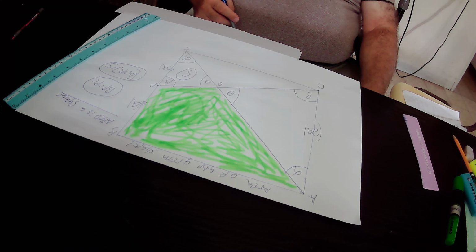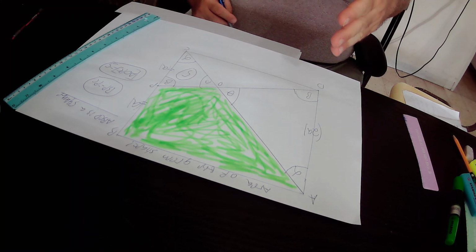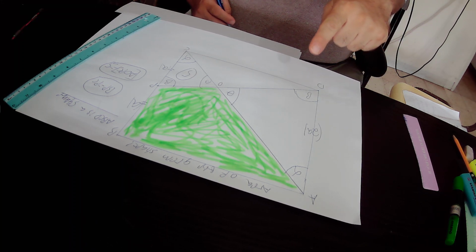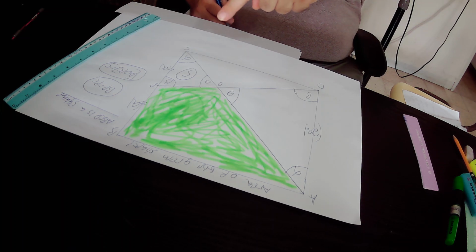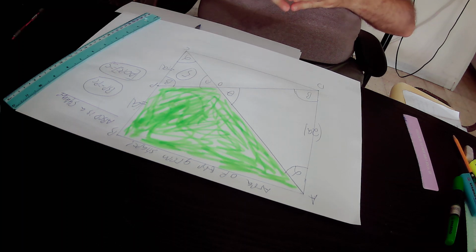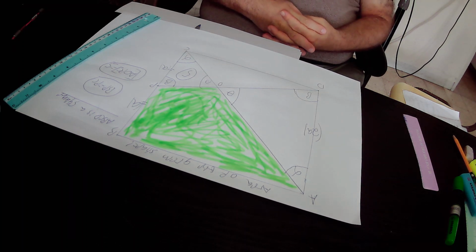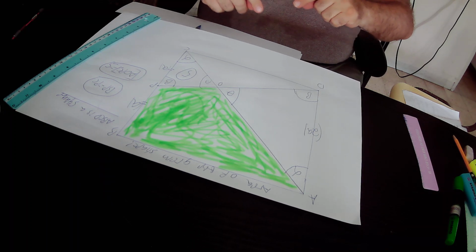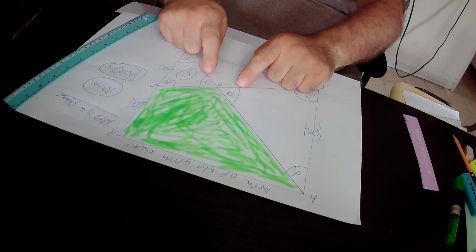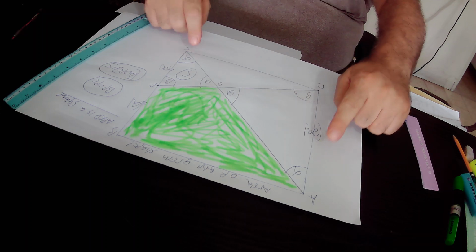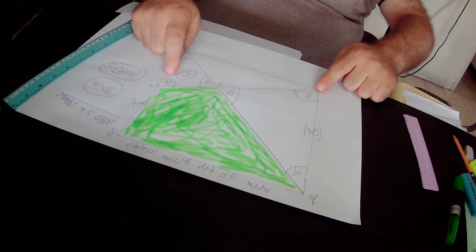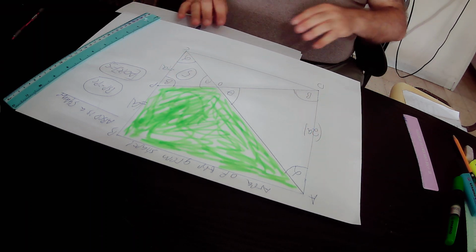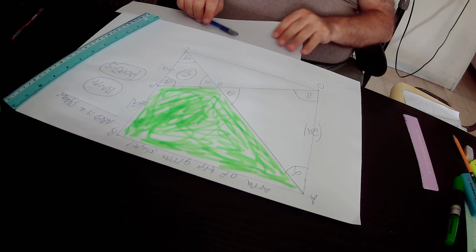Actually, all the angles of the big triangle ADO correspondingly equal all the angles of this small triangle COP. Therefore, those two triangles are similar to each other according to the angle similarity rule. In both triangles we have angle theta, in both triangles we have angle alpha, and in both triangles we have angle beta. So I write it down.